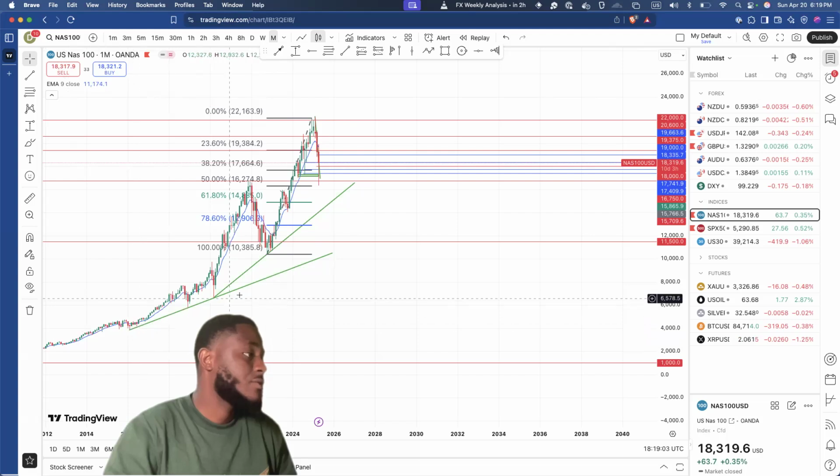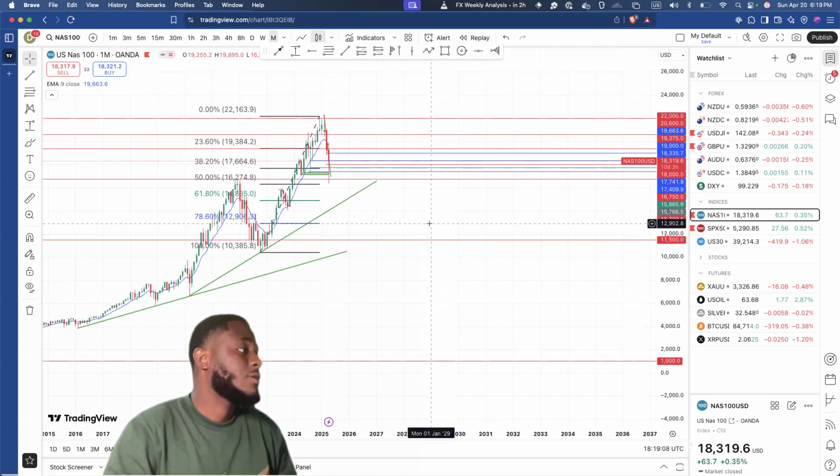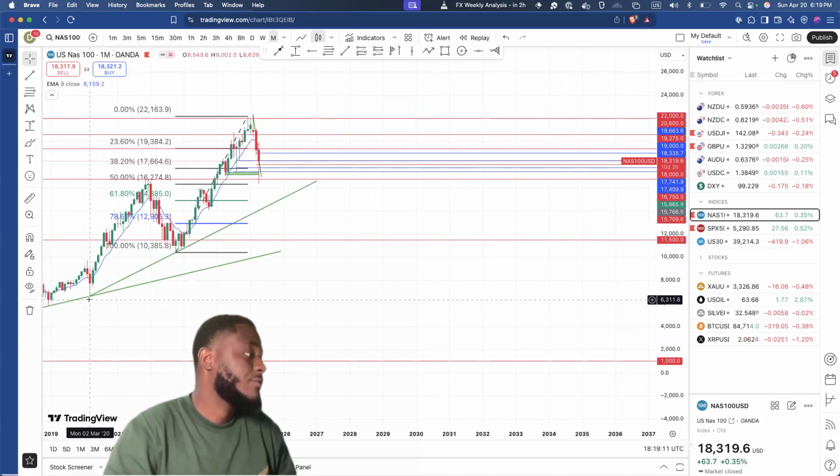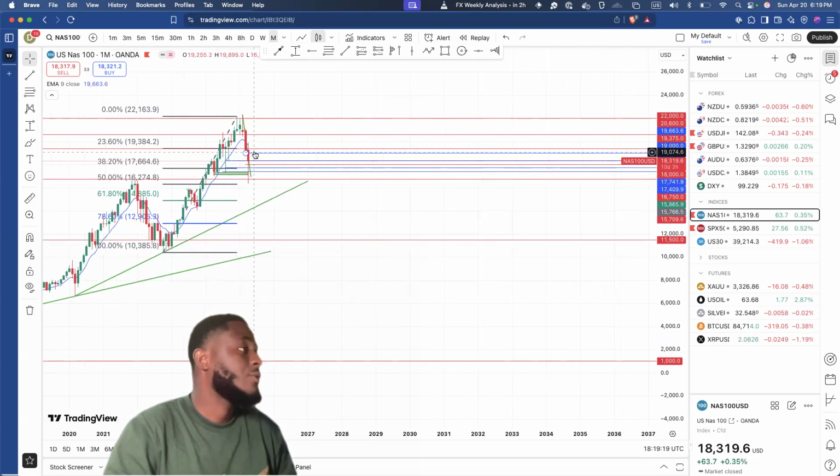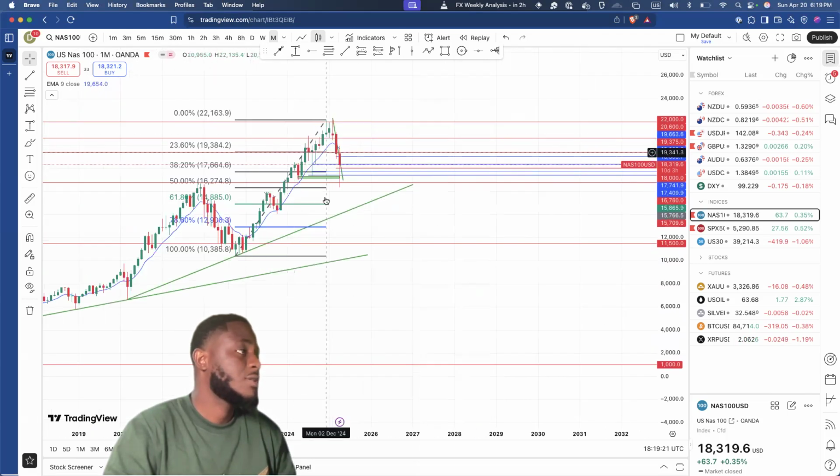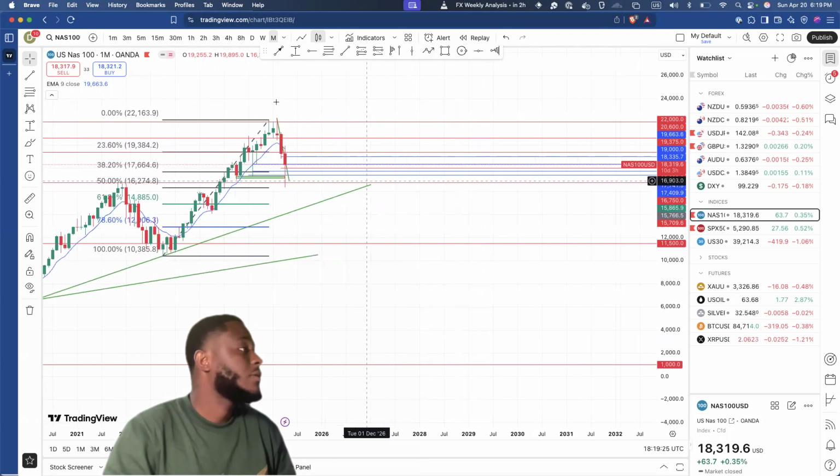So I drew this first trend line here, and then I drew another supporting trend line here, right? And you can see this is the first time we drew the trend line, and then the second time the market touched the trend line, and we are probably expecting the market to touch the trend line for the third time before we rally up again, right?